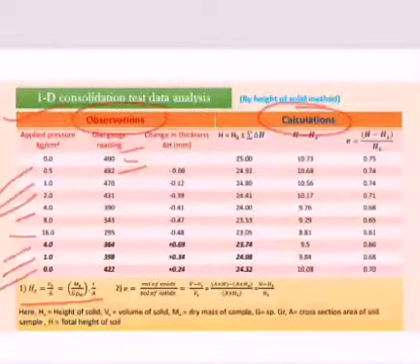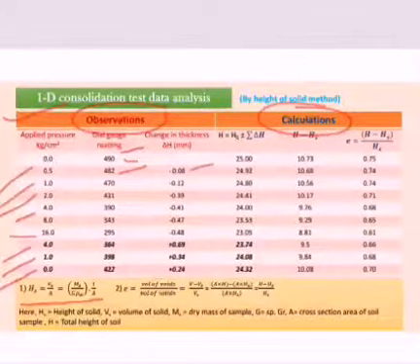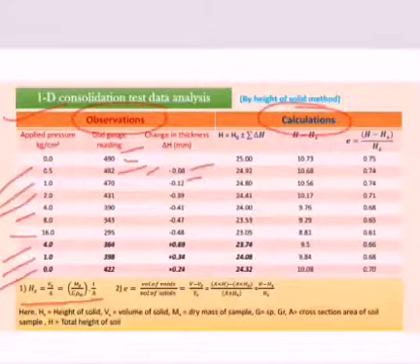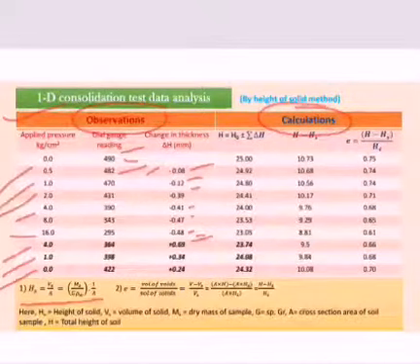From this we can easily find the change in thickness, that is 0.08 mm, and the minus symbol is used because there is a reduction of the height of the soil sample. In the same process we will find the change in thickness corresponding to 1 kg per centimeter square, 2 kg per centimeter square, and so on, up to the swelling after 16 kg per centimeter square.